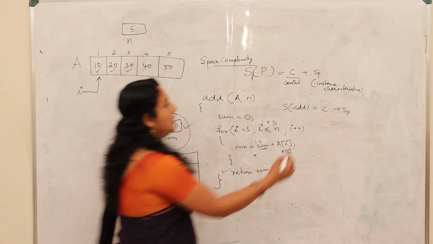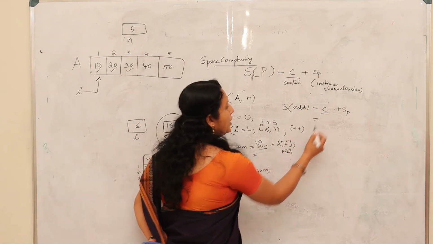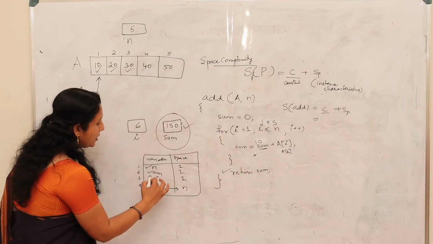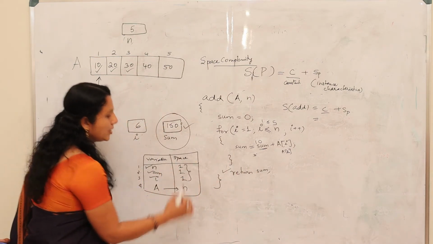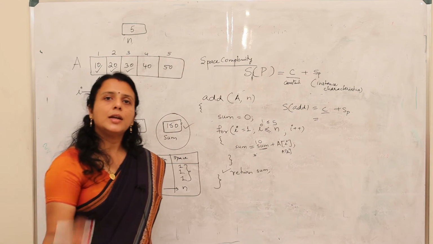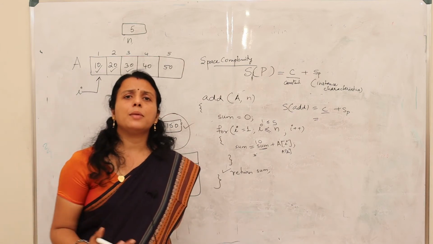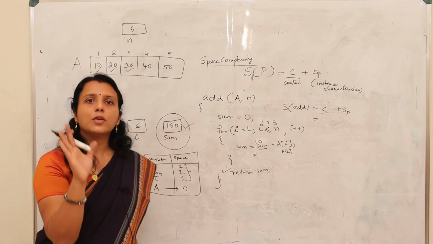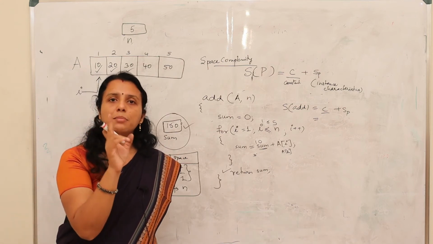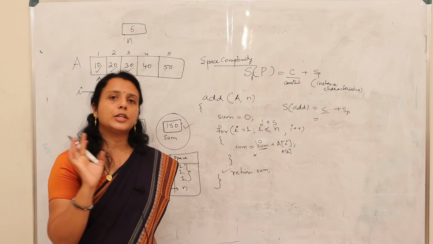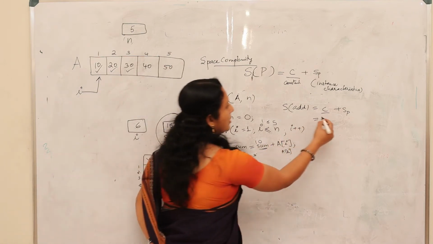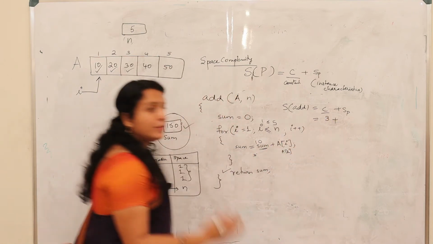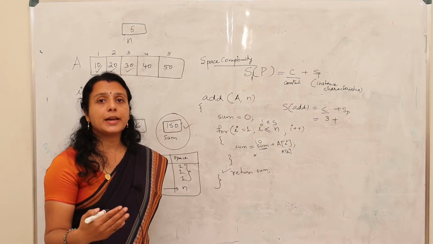So under the constant part, how many variables are there? There are 3 variables which utilize only a constant amount of memory words. However many times you execute this program, these 3 variables require only 1 memory word each. That means a total of 3 memory words, so we write 3 here. And which is the SP part, the instance characteristics part?